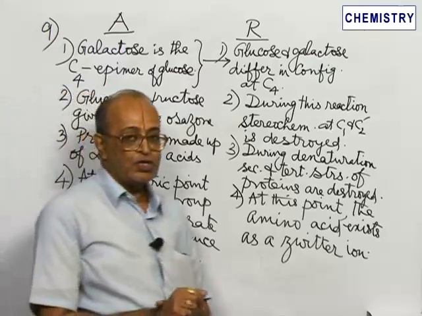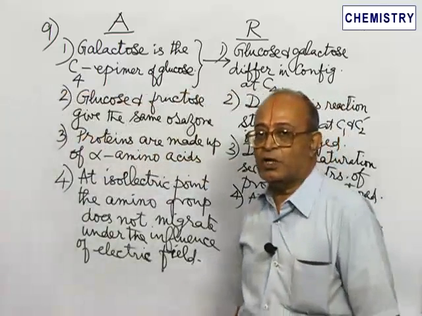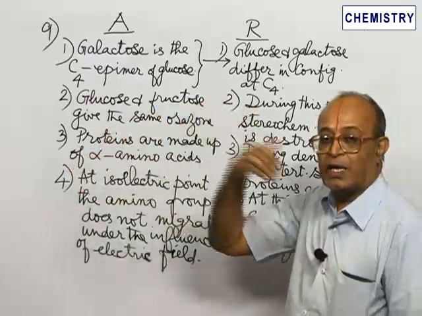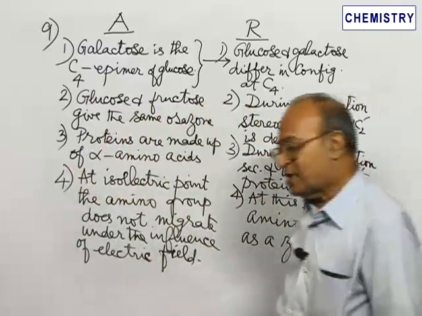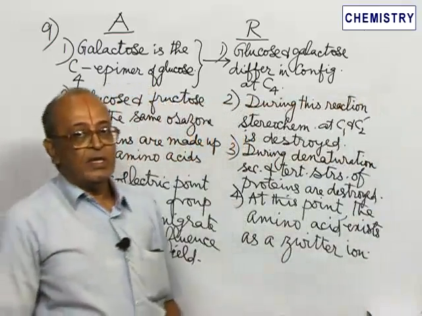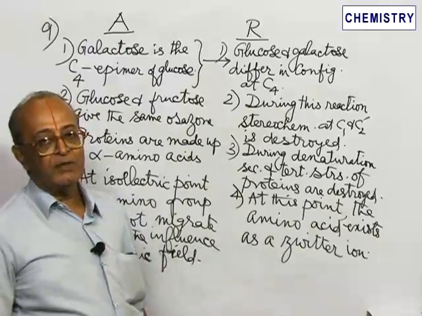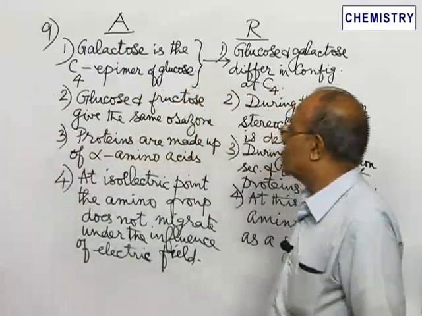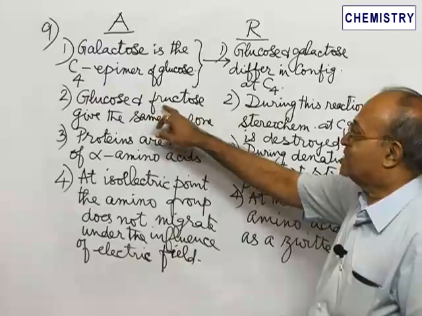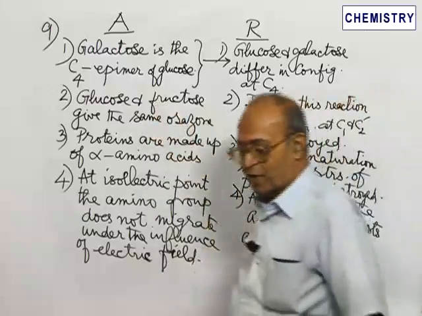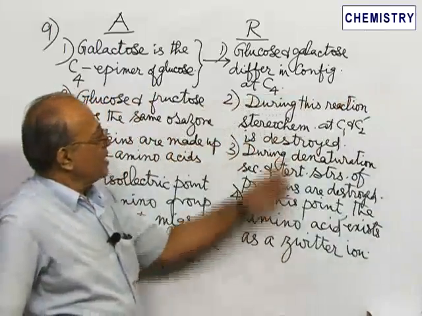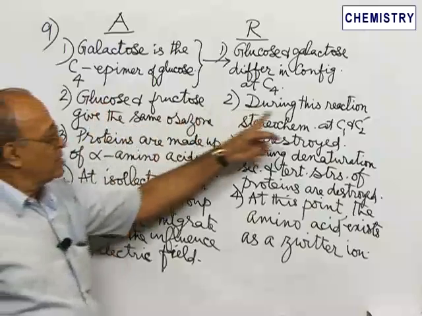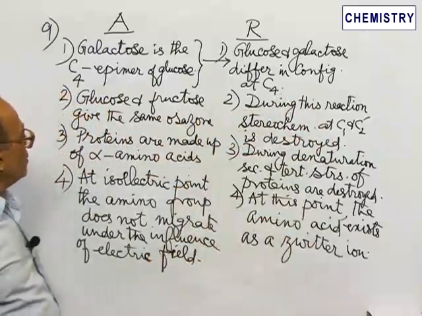Similarly, in fructose, which contains the ketonic group at carbon number 2, carbon number 1 is again involved. So whether it is glucose or fructose, C1 and C2 carbon atoms are involved, and this results in the formation of the same osazone. Therefore, for the second statement under assertion, the explanation given under reasoning is again correct.